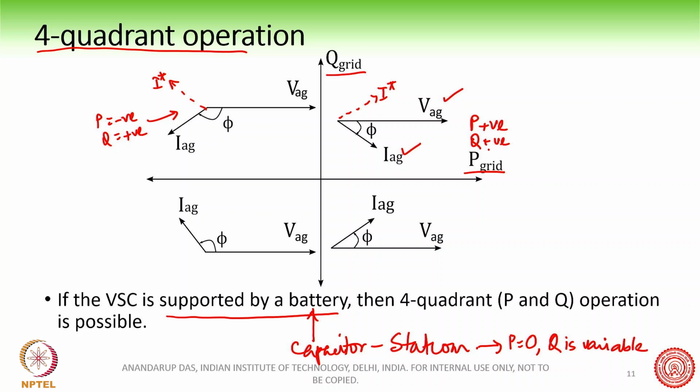A STATCOM is a static compensator, usually used in the grid for improving the power factor. And so here P is ideally 0. In a practical STATCOM, P is required for taking care of the losses in it. So if you take a STATCOM, then basically you are working on this line.